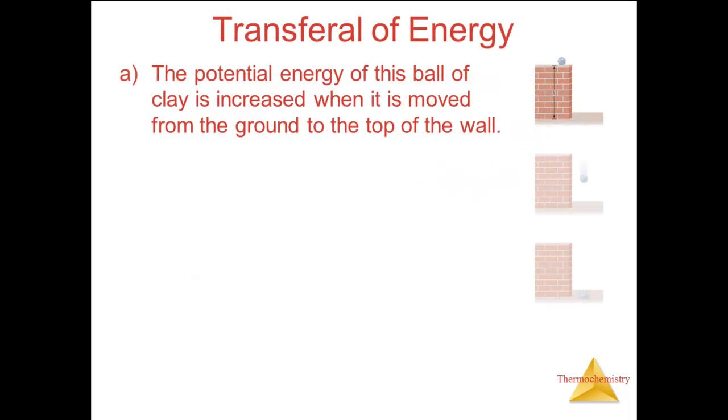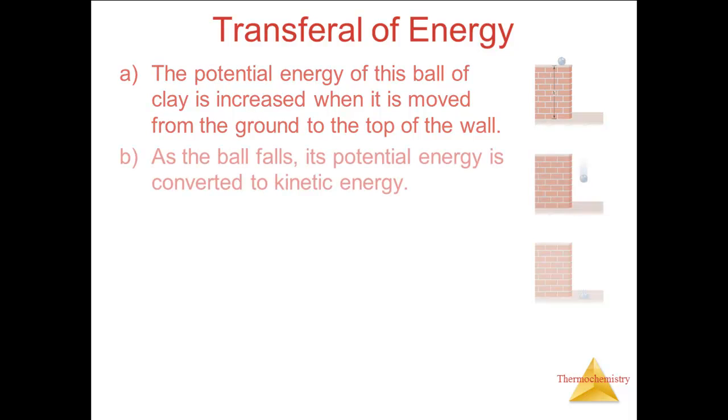When energy is transferred, one form of energy can be converted into another. In this particular example, the ball of clay starts with a certain amount of potential energy because it is a certain distance away from the surface of the earth. As the ball falls, it accelerates, increasing its kinetic energy. The ball moves closer to the surface of the earth, decreasing the potential energy.